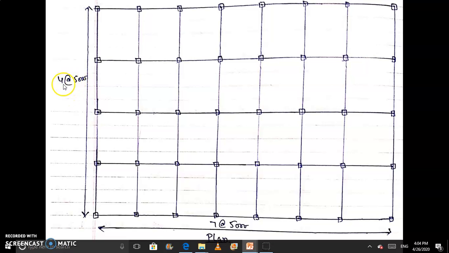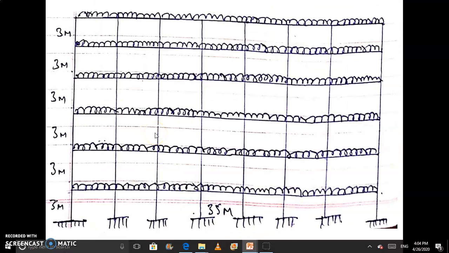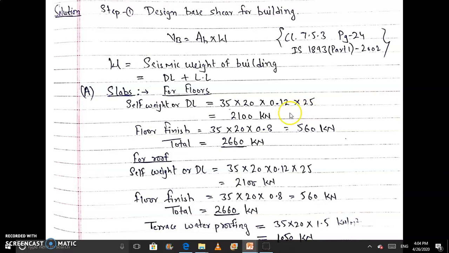So 5 into 4 is 20, and this is 35. The 35 into 20 is our area, and the thickness of slab is given as 120 mm, that means 0.12 meter, and this is the density of RCC. So we multiply this and we get here 2100 kilonewton as the dead load of floors. This is for a particular single floor, not for all floors.